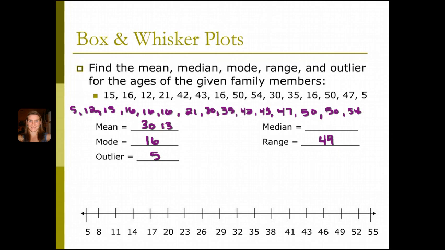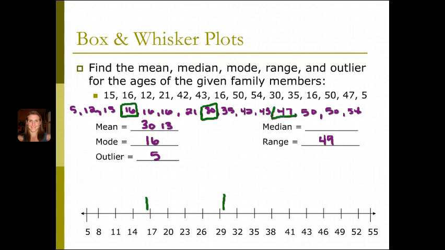The number in the middle of our data set, so our median, is going to be 30. So let's draw a line at 30. The median of our lower set of data is 16, and it's going to be the first 16 on your number line, or on your set of data. And then also 47 is going to be the median of the upper set of data.